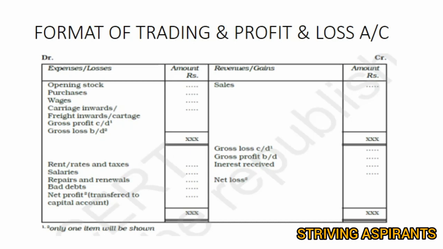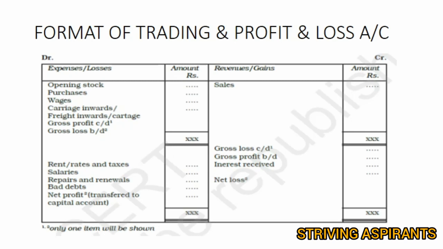Mainly we can say the expenses related to the office. So this includes rent, rates and tax, salaries, repairs and renewals, bad debts, and there are varieties of indirect expenses that we can ascertain according to a particular company.